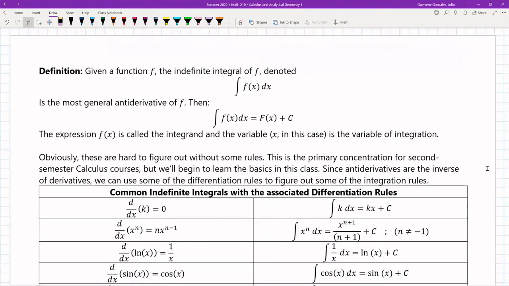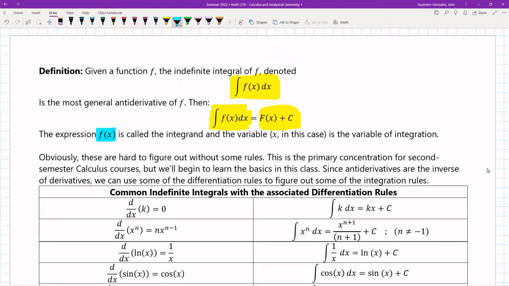So another definition is that of the indefinite integral. It's this thing right here. And this is essentially how we write out when we want to take the antiderivative of something, okay? So that means that this integral of f of x dx, we are referring to some antiderivative plus a constant value c, okay? A little bit of nomenclature about what the pieces are.